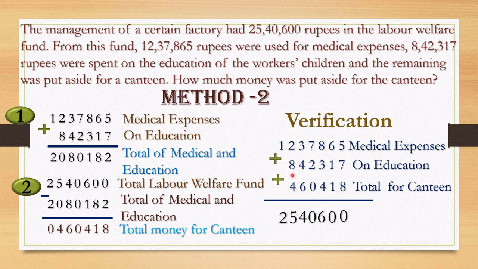Yes, 15, isn't it? 1 carried over, 1 plus 1, that is 2. Means total welfare fund is nothing but 25,40,600. Our answer matches with the labor welfare fund of this factory, isn't it? Means our sum is right. Correct?